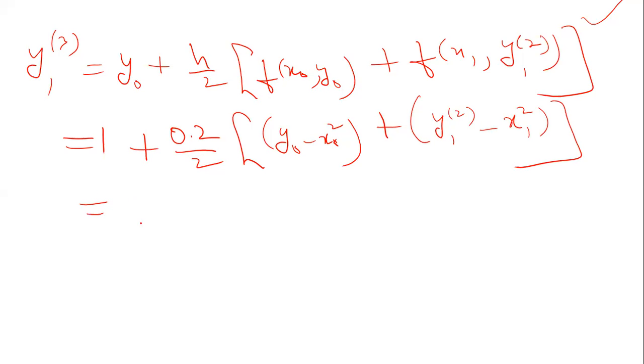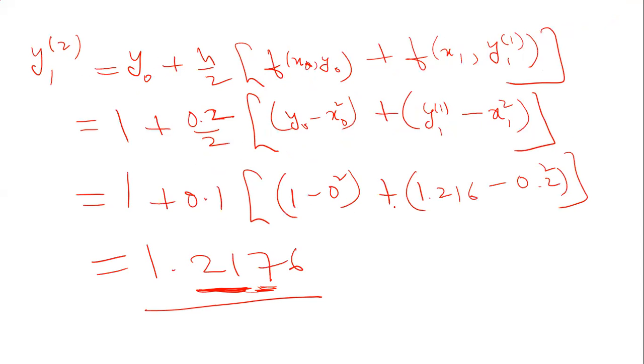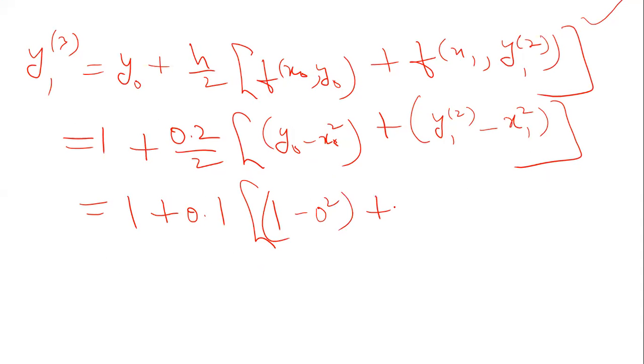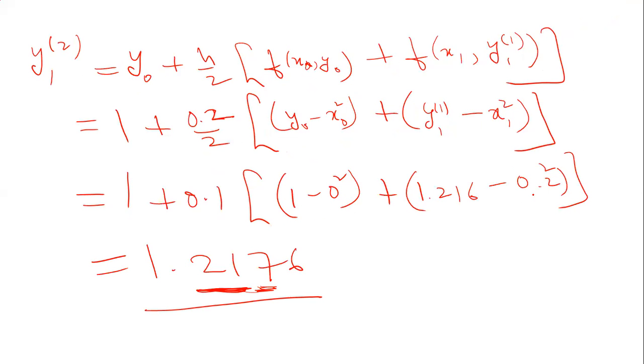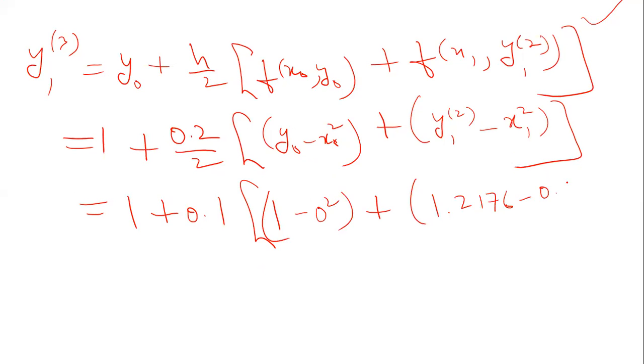So it will be 1 plus 0.1 times, x0 is 1, y0 is 0 squared, plus y1 from the second iteration, which is 1.2176, minus x1 squared, where x1 is 0.2, so this is simply 0.2 squared.